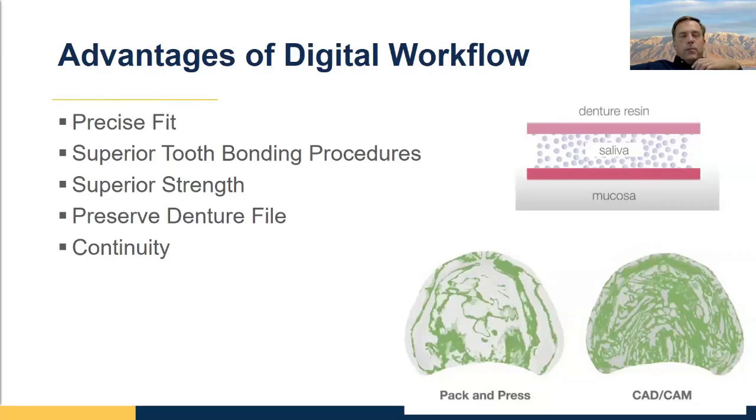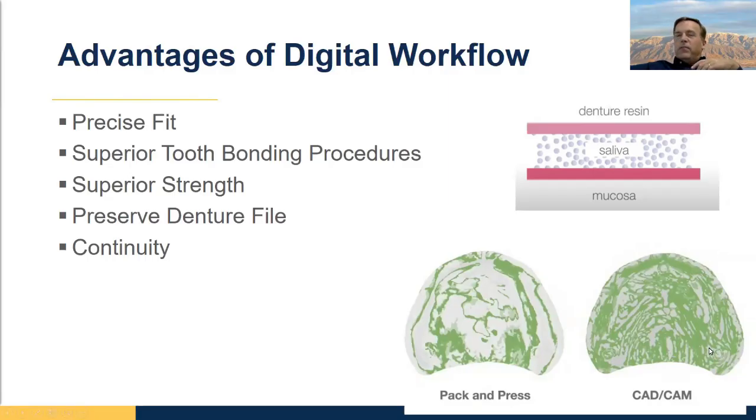These little images down on the bottom right here are from an in vitro study of the adaptation between a denture base and the model it was made on. The green areas are areas of perfect fit, and you can see that this was pressed according to the standards, but the polymerization shrinkage is what messes us up.